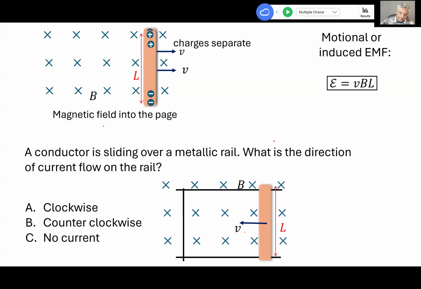So that means the thumb is pointing down, which means positive charge is going to accumulate here and negative charge is going to accumulate there. So the current is going to flow starting from the positive charge, and that's how the current flows. It starts from positive charge and goes like that. So this is clockwise. Okay, this is clockwise.